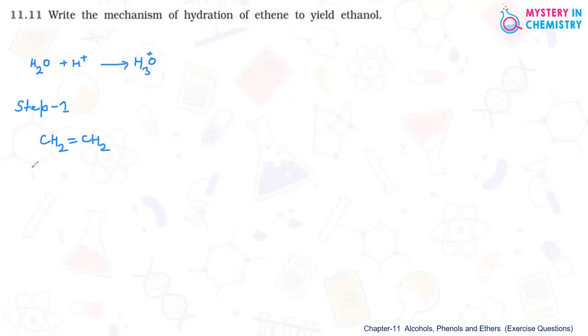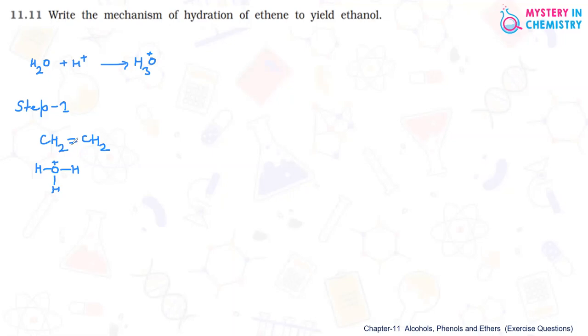Now, this hydronium ion we have to write like H, O, H and H. And here oxygen is having the positive charge. Now, how the electrons are displaced, that we have to show in the mechanism.